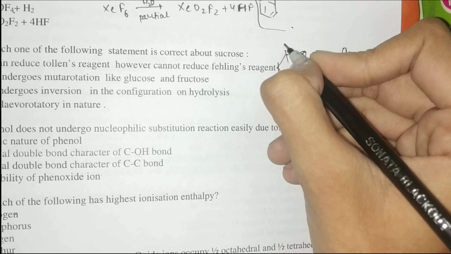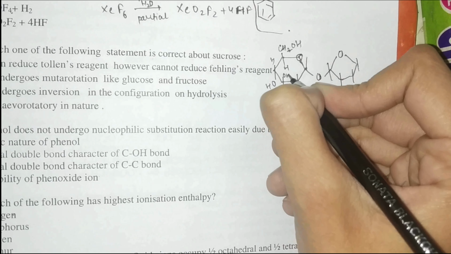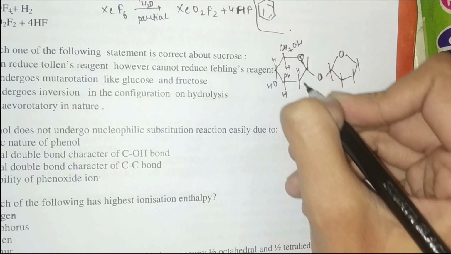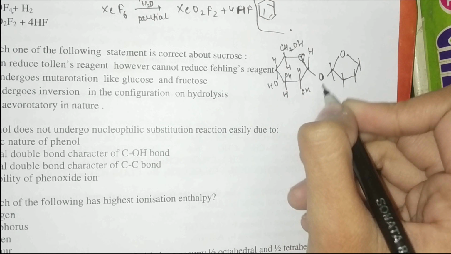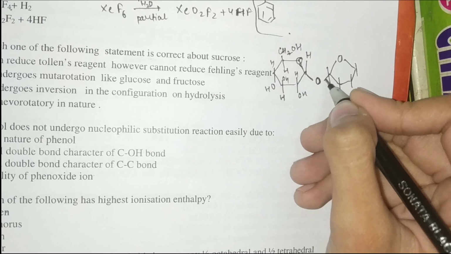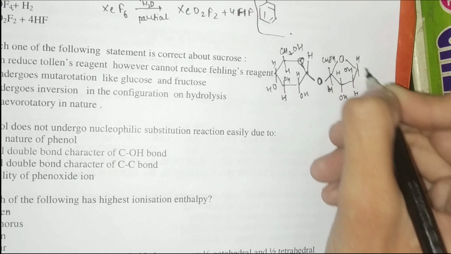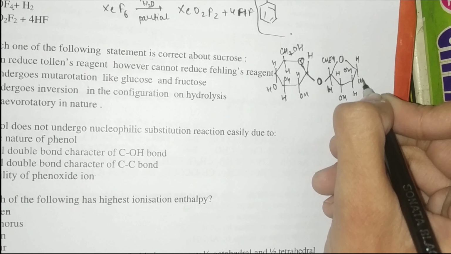It's made out of alpha D-glucose, this is alpha glucose, and then it's linked by a glycosidic bond with beta fructose. So this is sucrose.